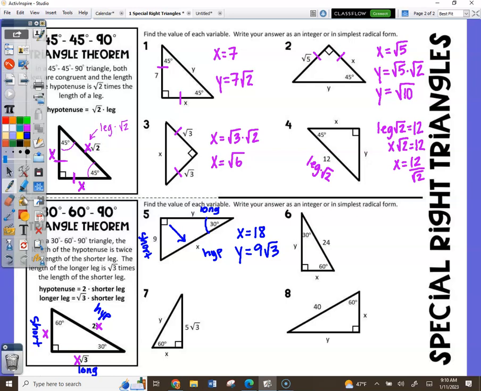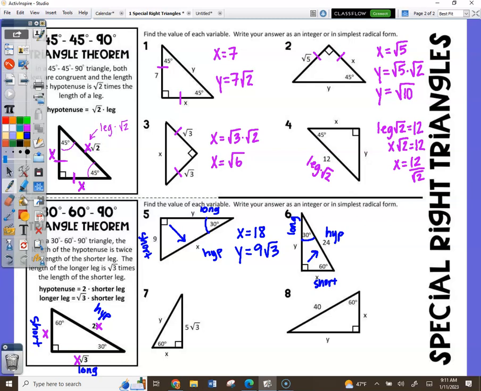Did I lose anyone? All right, number 6. Let's label it. So we've got our hypotenuse here. Here's my 30, which makes this over here the short, and then this would be the long. Go to what you know. You know the hypotenuse is 24. If you know the hypotenuse, cut it in half to get the short.